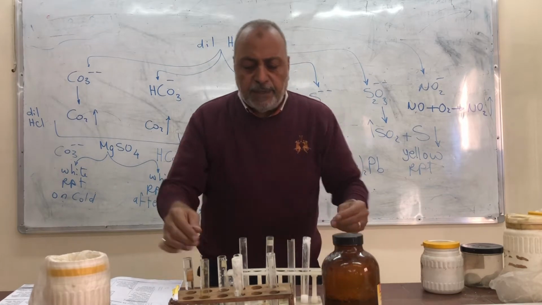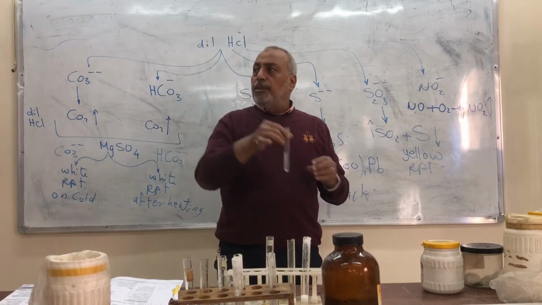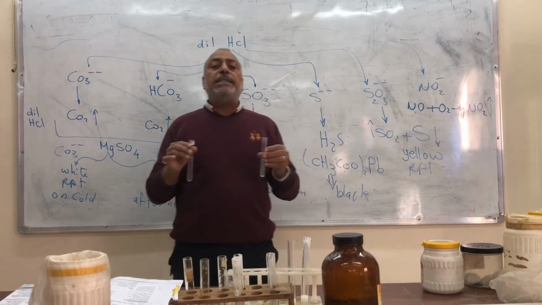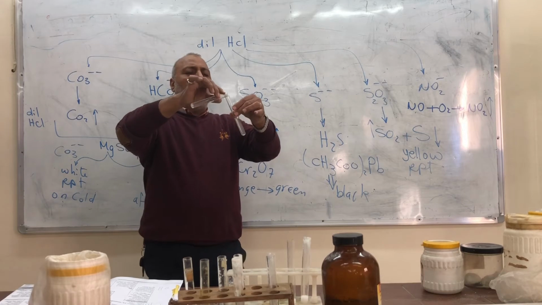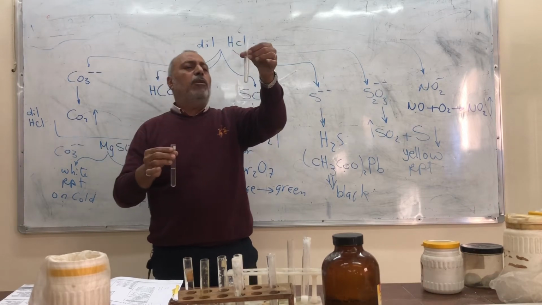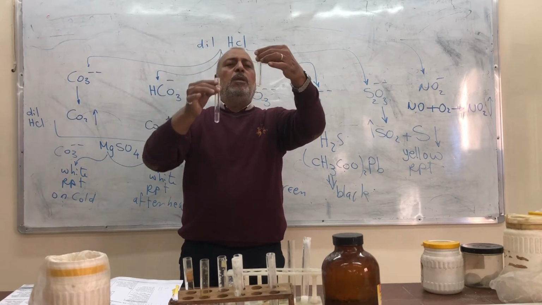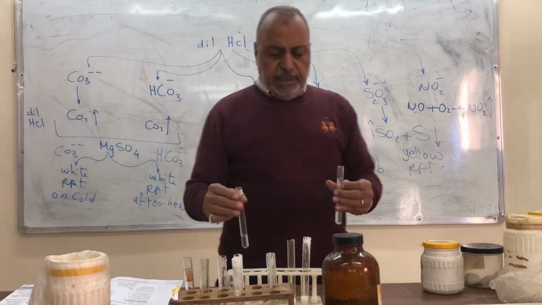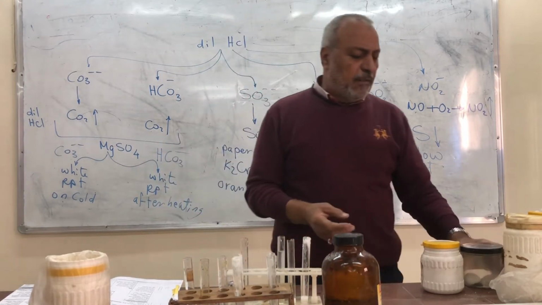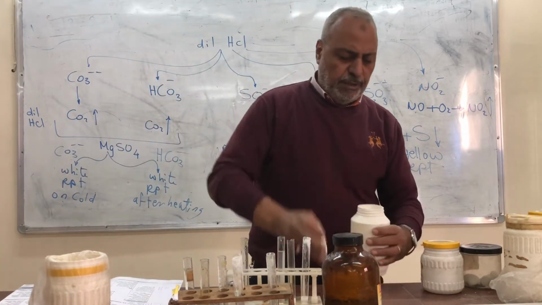We get a solution of sodium carbonate and add magnesium sulfate to it. With magnesium sulfate, it will form a white precipitate. A white precipitate is formed between magnesium sulfate and carbonate solution.